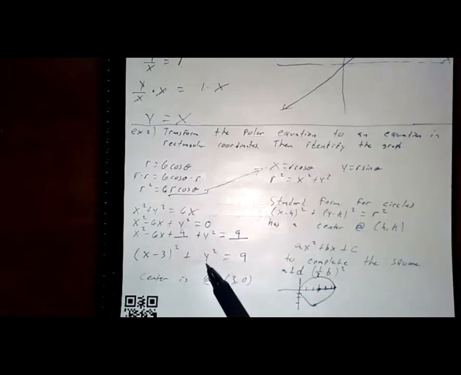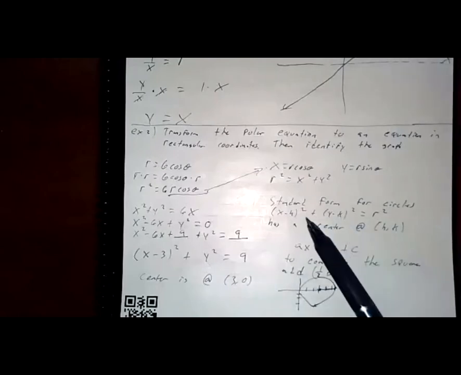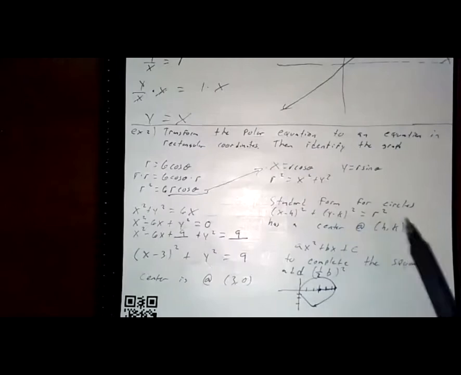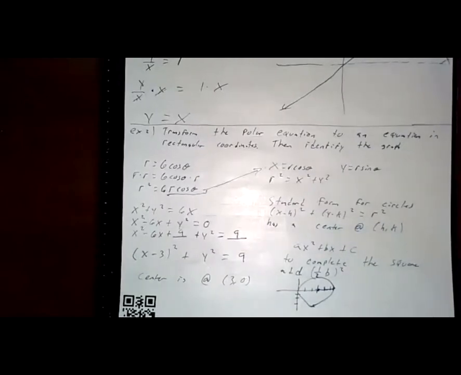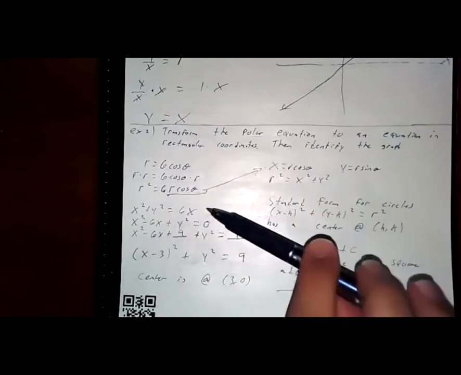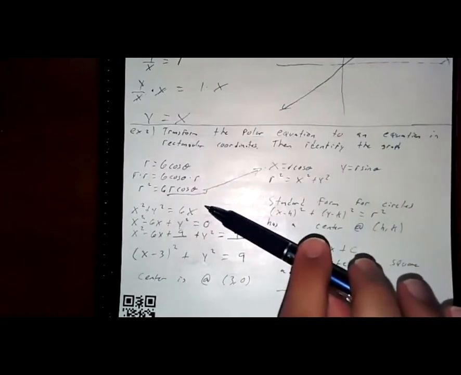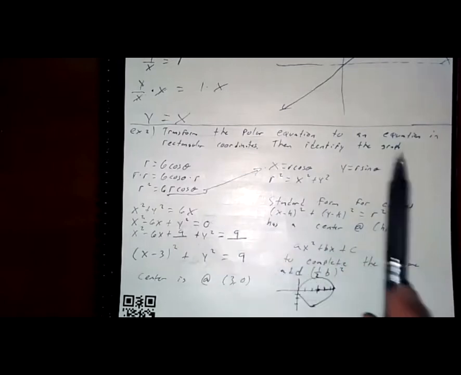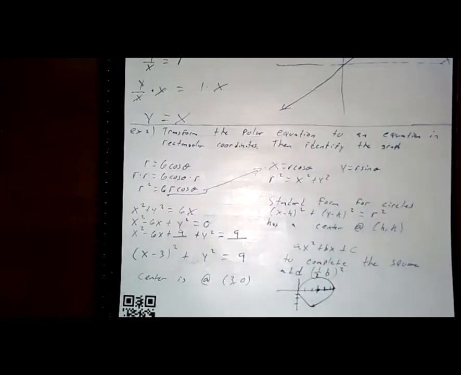Once it's complete, you can use this formula to get the center and the radius. Technically, the part up to here is the conversion from polar to rectangular. This extra stuff was just trying to identify the graph.